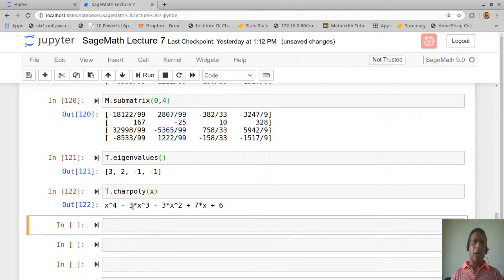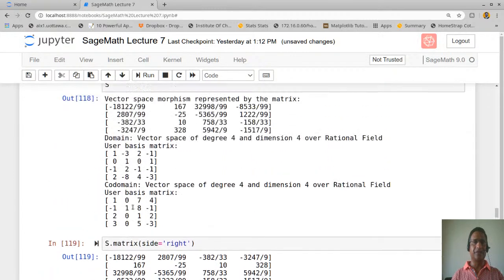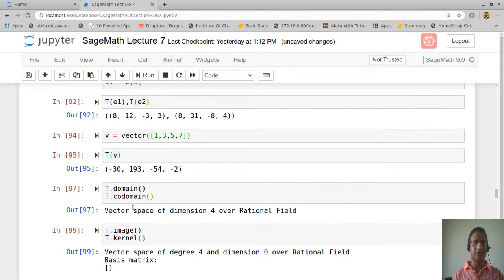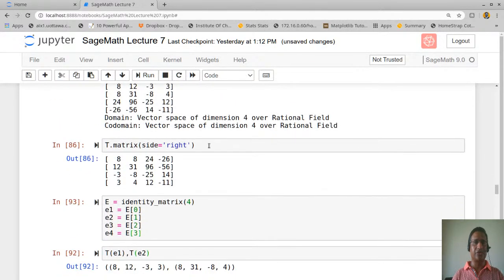Okay. Now, how does one define eigenvalues of a linear transformation? One way is to find a matrix of T and find eigenvalues of that. So we have already found the matrix of T with respect to the standard basis. So where was it? This is the matrix.